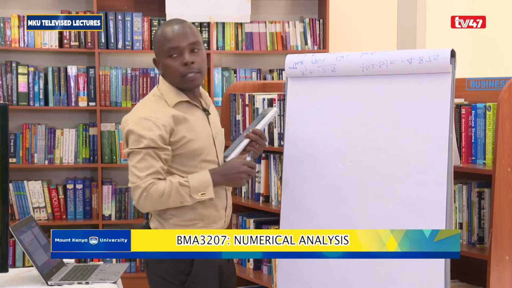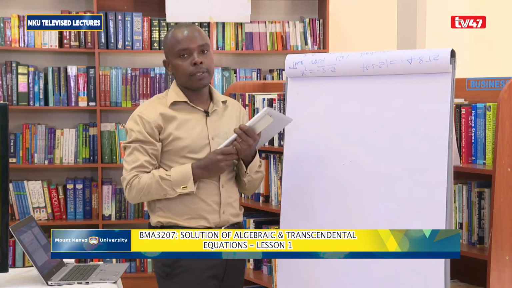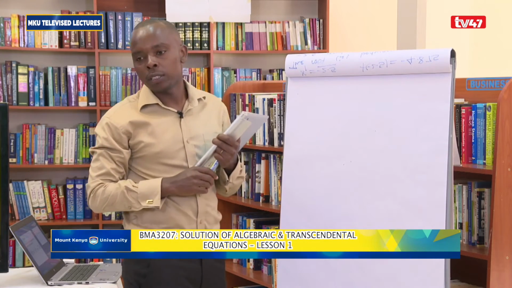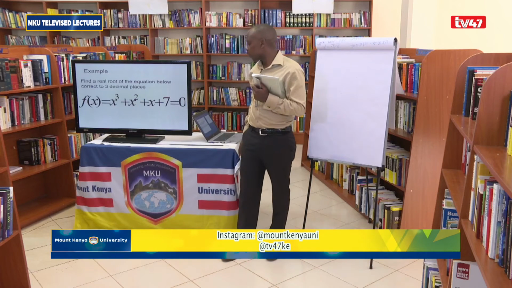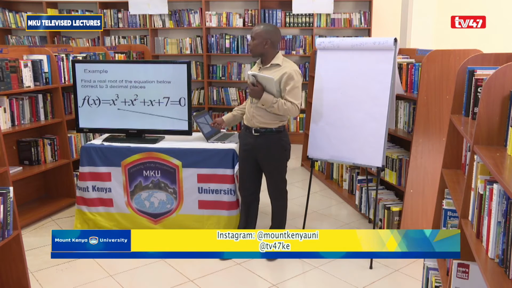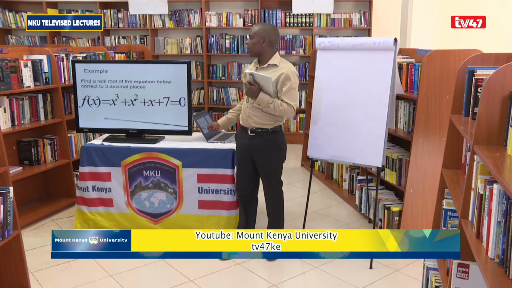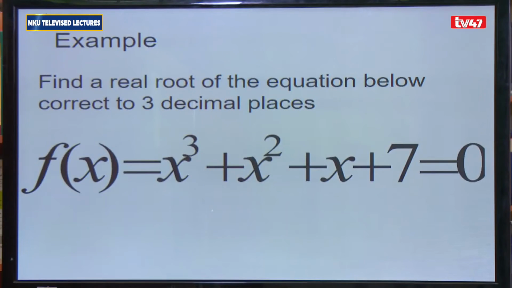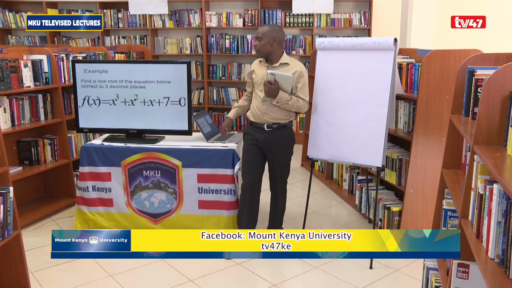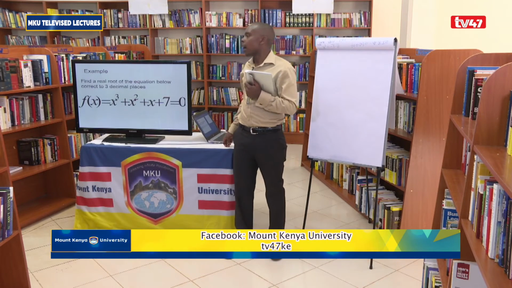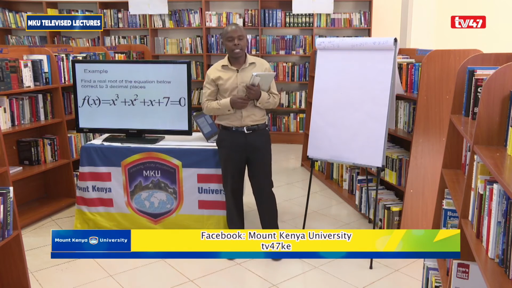So the number of successive iterations normally depends on the condition given. In our question, for example, we want to find the root correct to 3 decimal places. So we should do the iteration such that the values past the third decimal place are not changing significantly.